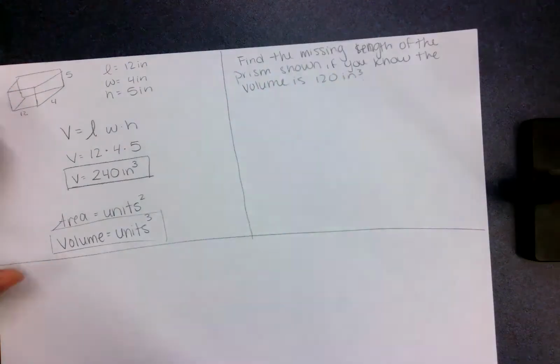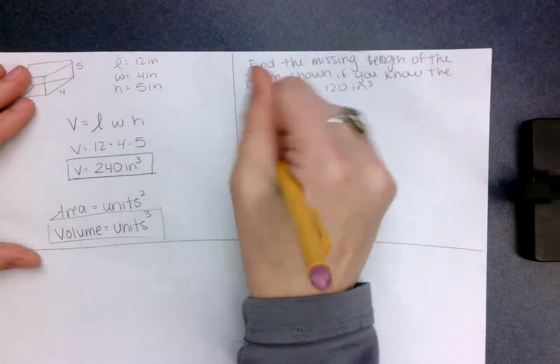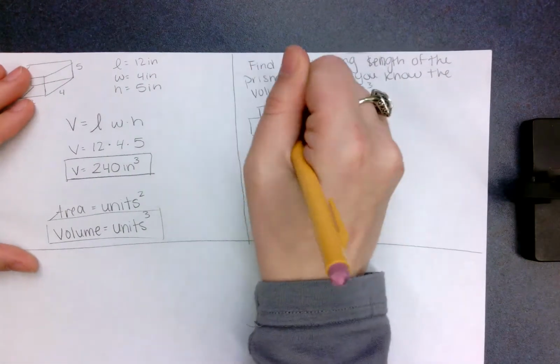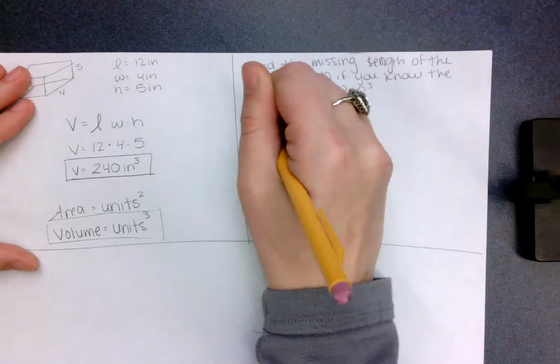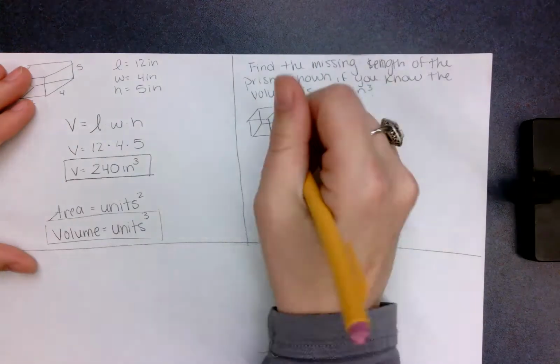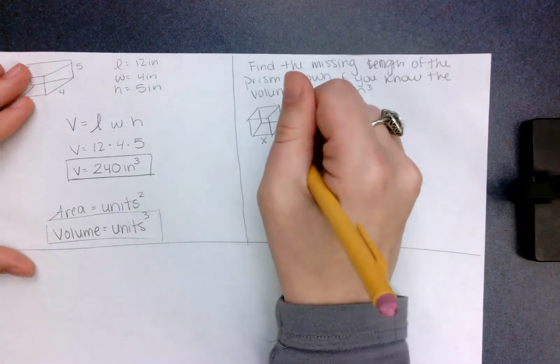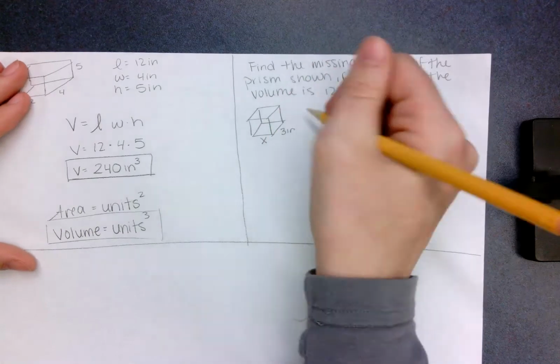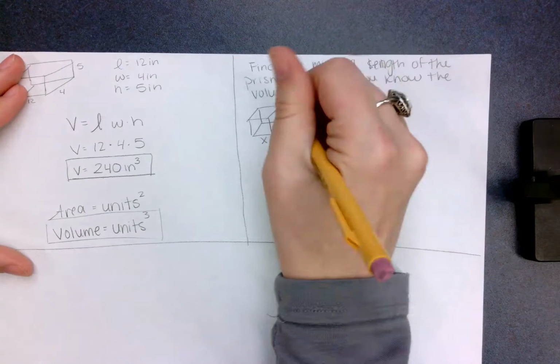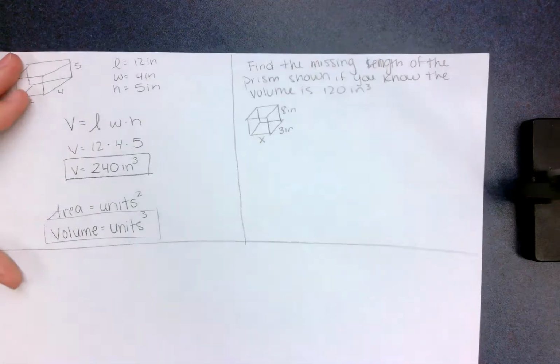So this is telling you the volume, and I'm just going to draw the prism. My length is going to be x, my width is 3 inches, and my height is 8 inches.